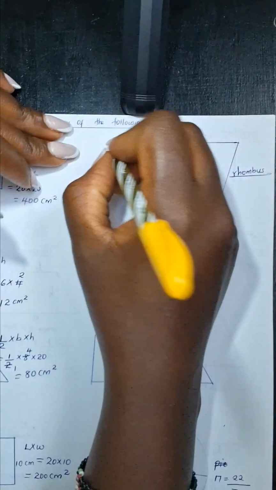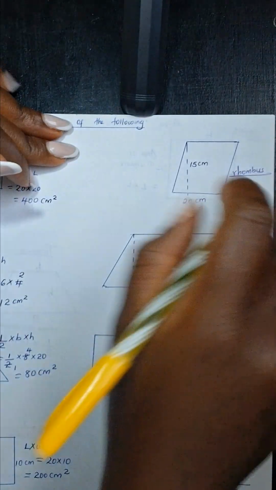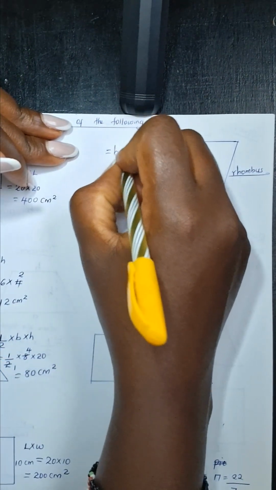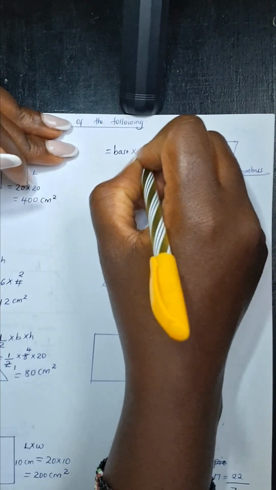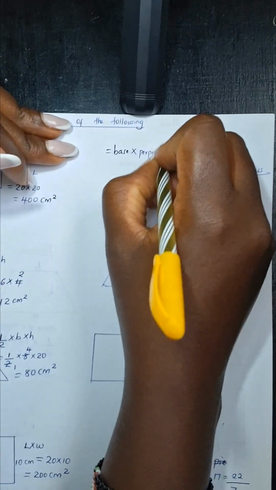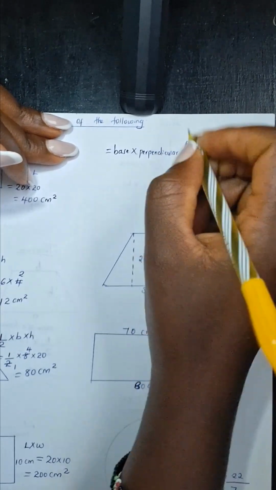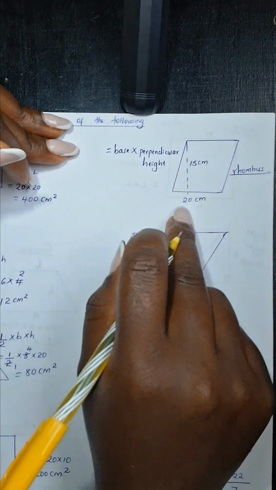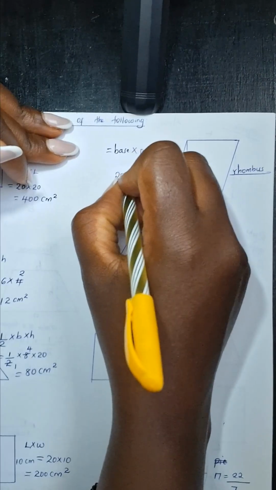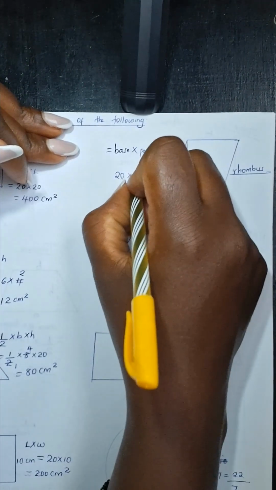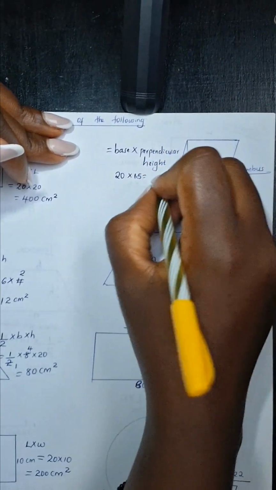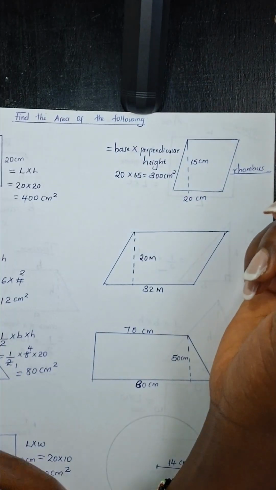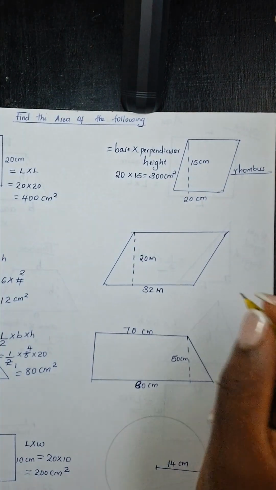The area of a rhombus, I do not have space here, so let me write here, equals base times perpendicular height, okay? So my base is 20, my height is 15. So my answer is 300 centimeters what? Squared.